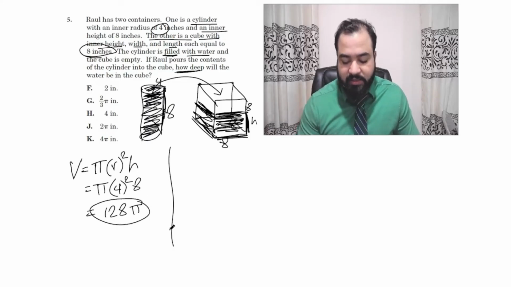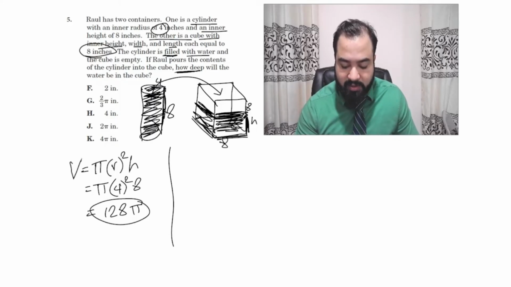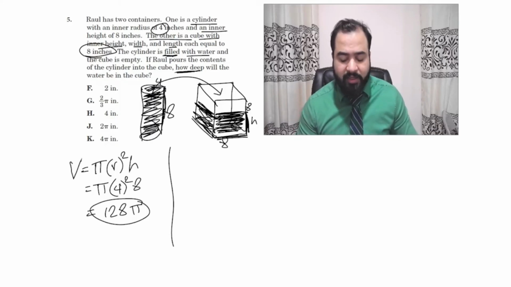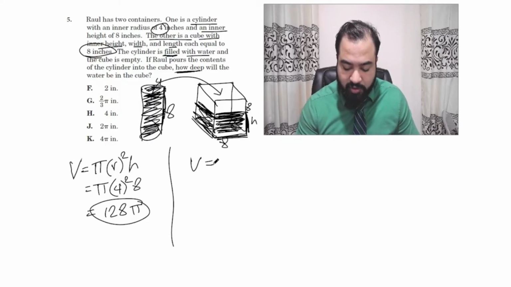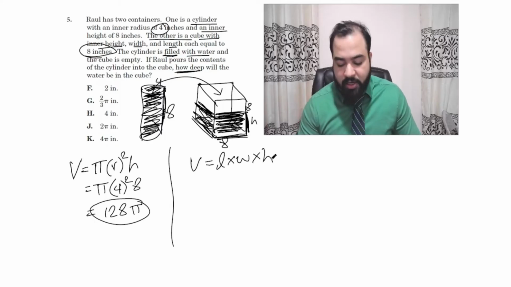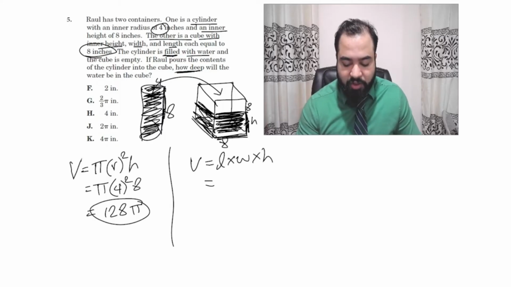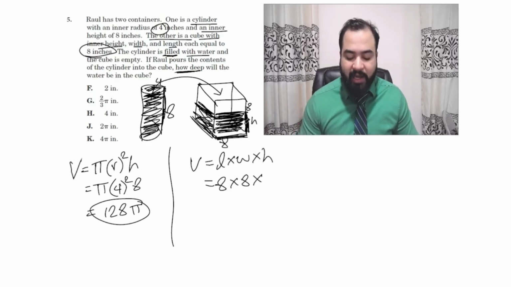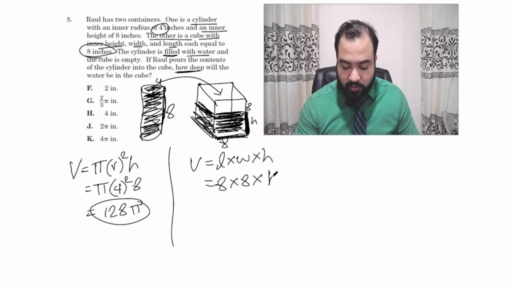Now the water is inside of the cube. The volume of the water did not change. The volume of the cube is equal to length times width times height. The length and width of this cube stay the same, 8 by 8, but the height of the water is unknown, so we'll say h.